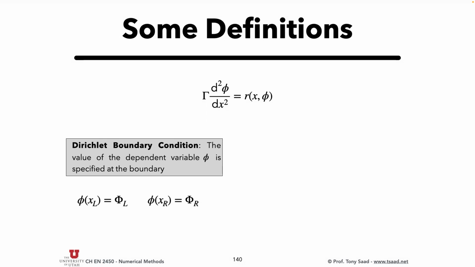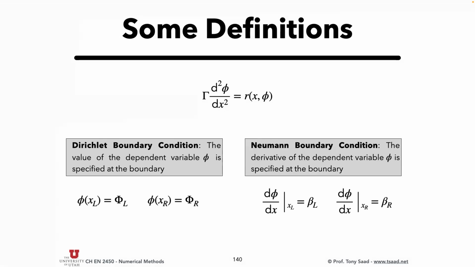So for example, you could know the heating rate. The temperature also changes if the rate is changing. So you don't have a fixed temperature, rather you have a fixed rate of change at the boundary. Same thing with concentration, or you could have a flow rate, for example. That type of boundary condition is called a Neumann boundary condition, where instead of specifying the value of the dependent variable itself, you specify the value of the rate of change, or the derivative of the variable, at the boundary.